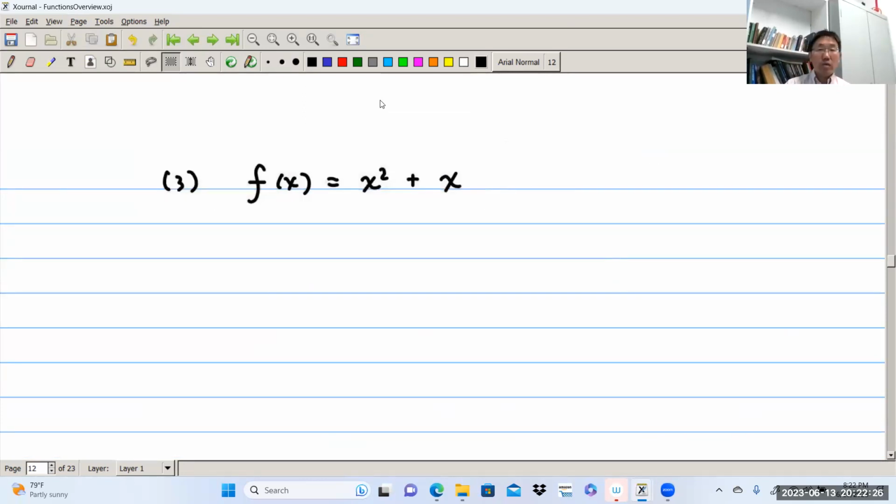So consider this guy. We know if the function is even, we require f at the negative x and f at x, opposite inputs lead to the same outputs. So if the function is even, f at negative x is the same as f at x.